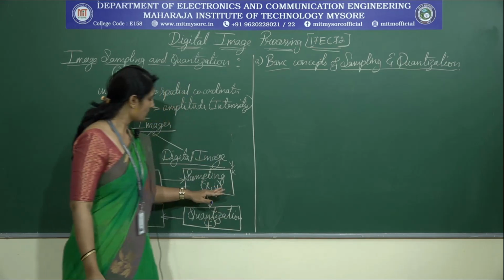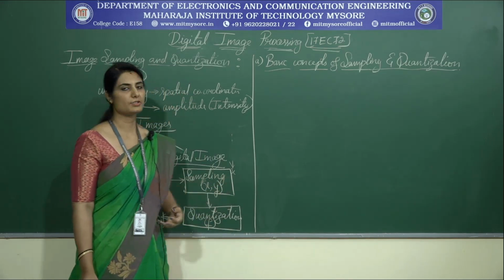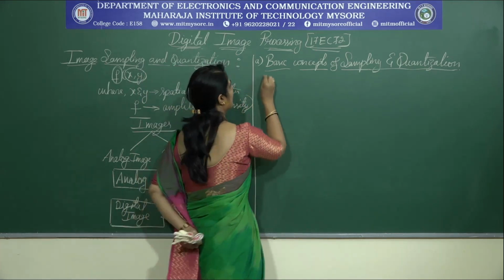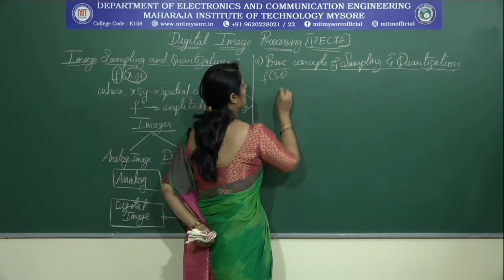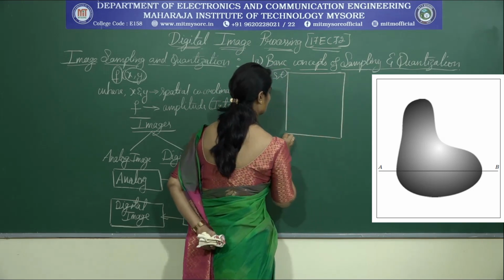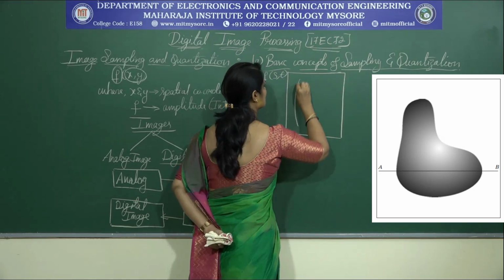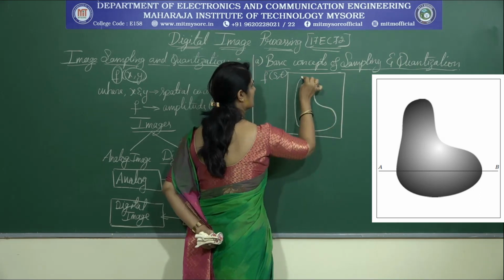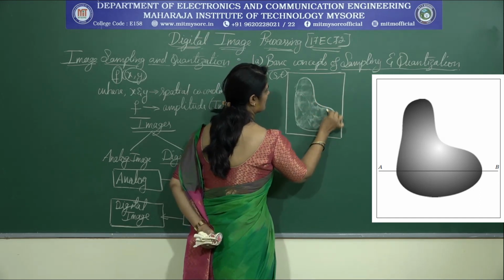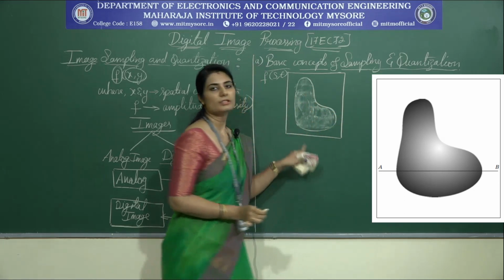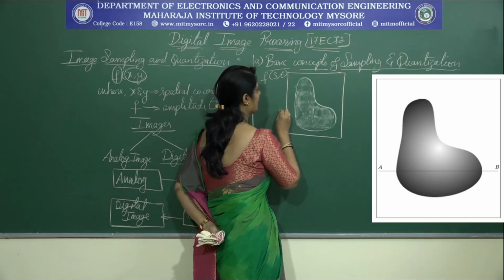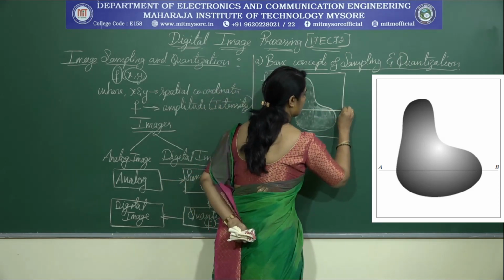To understand the concepts of sampling and quantization, let me illustrate with an example. Let me consider a continuous image f of s comma t. Let me consider a scan line from A to B in this continuous image.